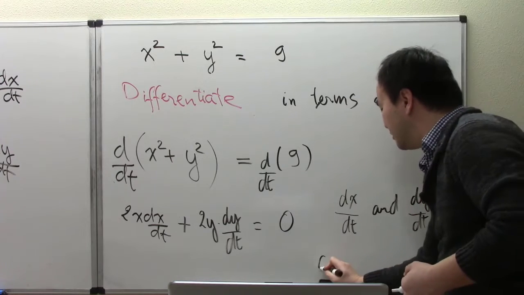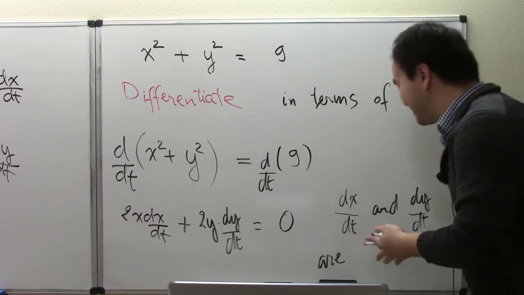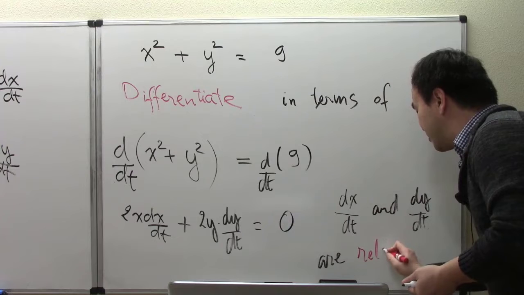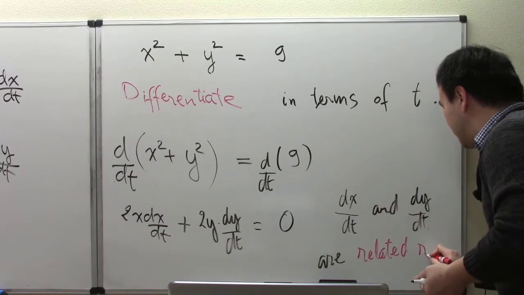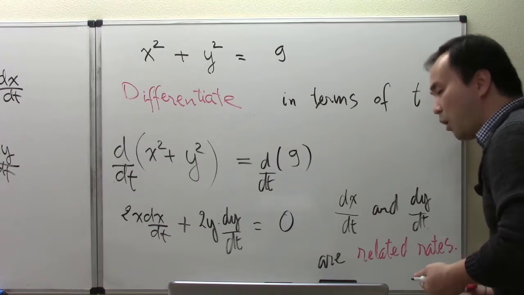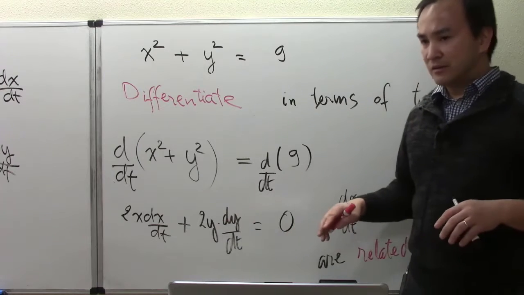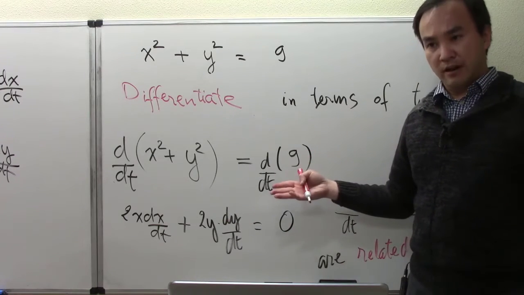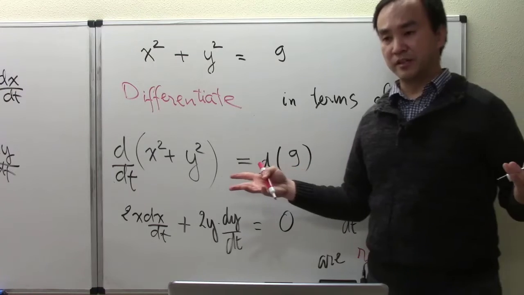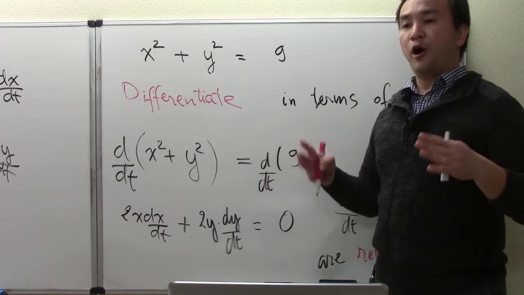These two are the main discussion title that we're doing here: related rates. We're not only having one rate or one derivative in our equation. We have multiple derivatives in our equation, and they're all related.